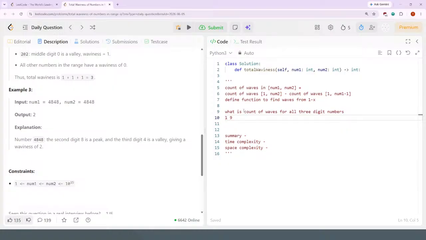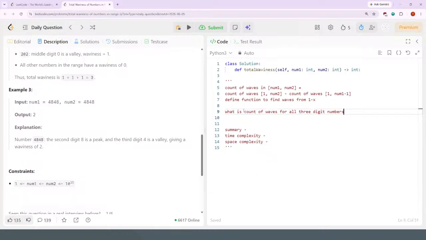So it's a repetition of that number. 1, 2 has 2, 1, 3 has 3, 1, 4 has 4. So it's actually 2 plus 3 plus 4.